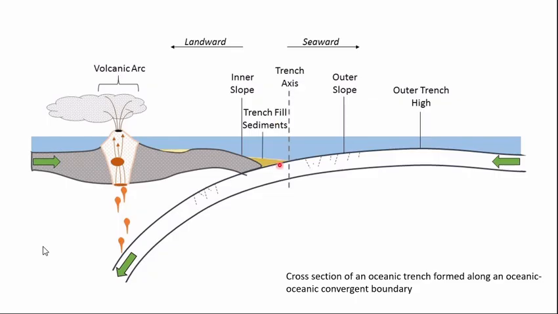They generally mark the exact location of the convergent plate boundaries. Do you understand what an oceanic trench looks like now? It is a depression that is formed where the 2 plates collided. Do you understand?